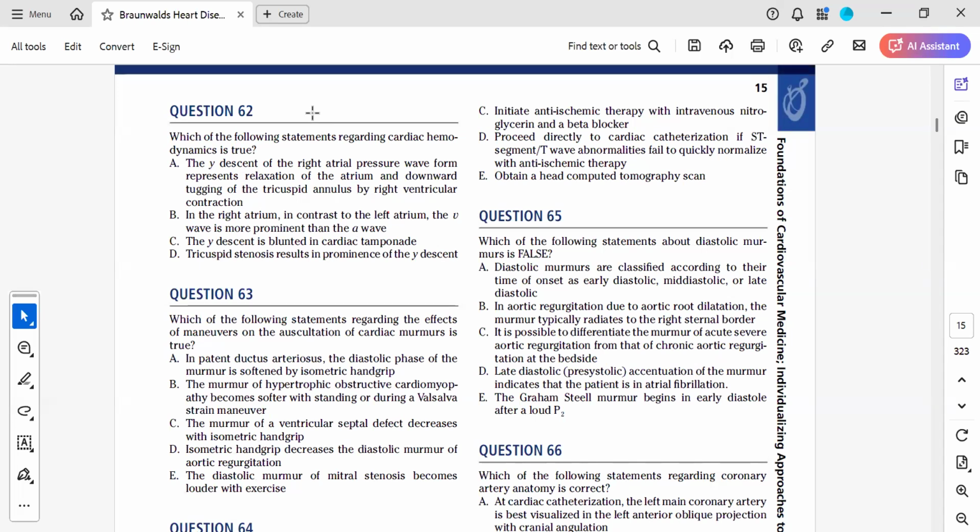For the right atrium, it has lower pressure than the left atrium. So if we know what the V wave represents, it happens in ventricular contraction, right? Yes, it also corresponds to filling of the atrium at that time.